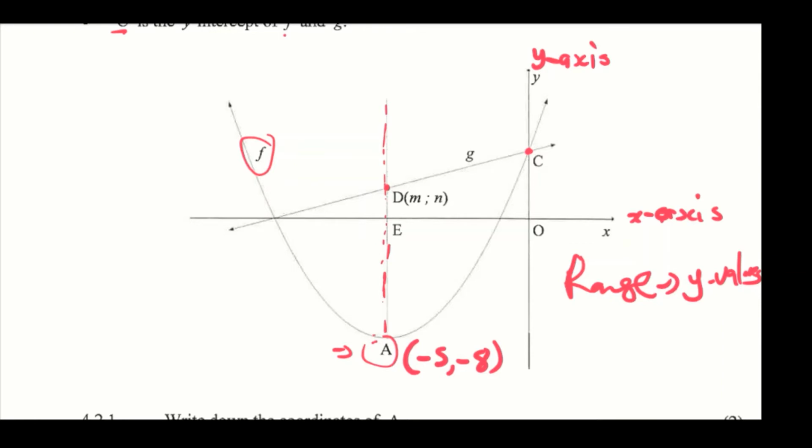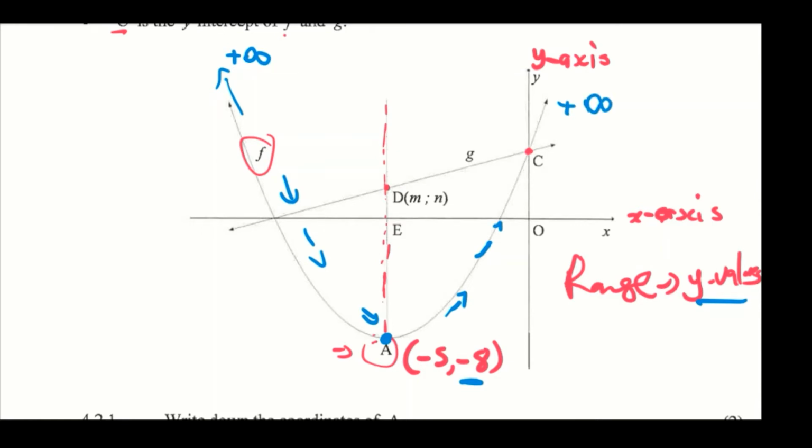We know very well that the y values come from positive infinity, go down to this minimum point here of minus 8. Remember, we are looking for the y values, and then it goes up to another positive infinity.